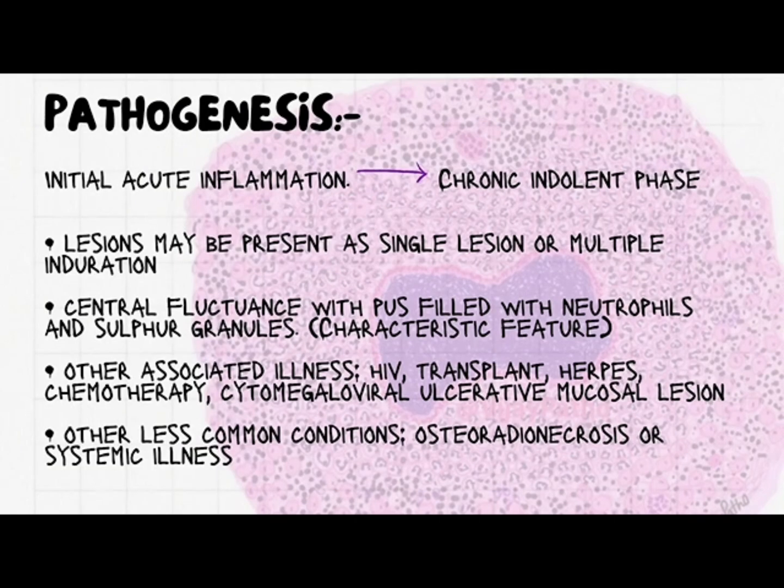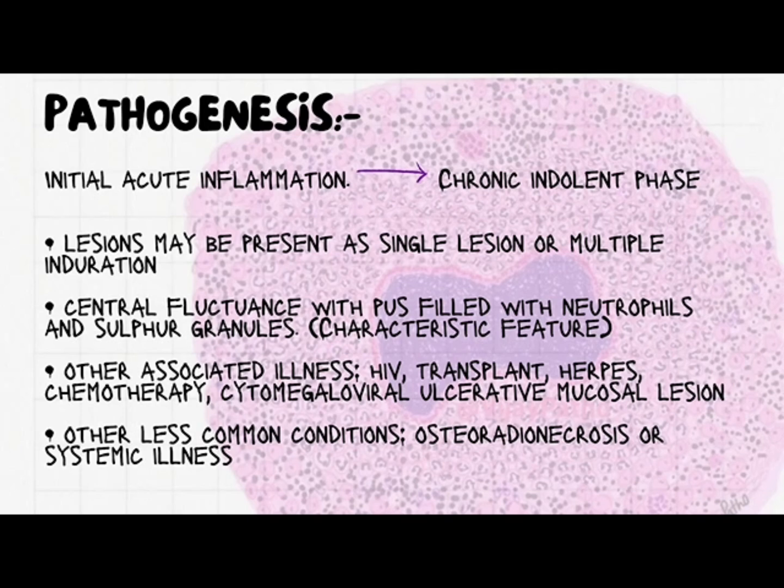In the pathogenesis, when the bacteria enters through the blood, initially it causes an acute inflammatory reaction that, when untreated or not given proper treatment, can lead to a chronic indolent phase, where the lesion can be present as single or multiple in duration. The central fluctuance along with pus filled with neutrophils and sulfur granules is the characteristic feature of the infection.